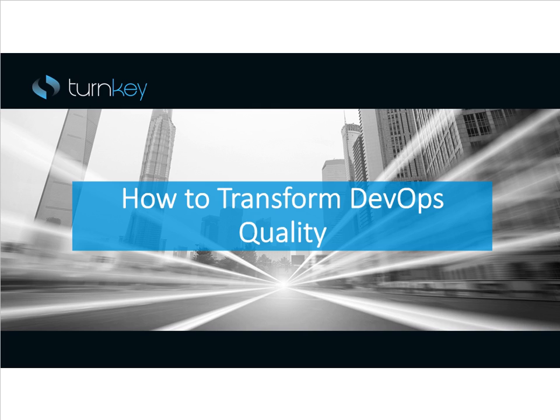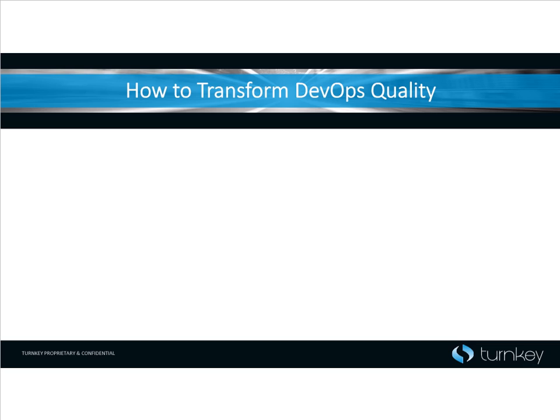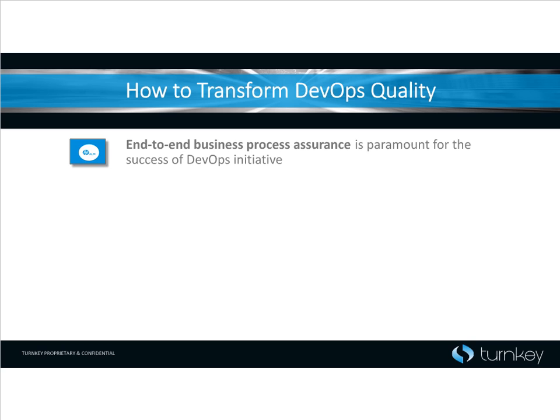So let's talk about how to actually transform DevOps quality and achieve some of these objectives that we've talked about thus far. As we've alluded to, I believe that the end-to-end business process assurance is absolutely paramount for the success of DevOps.